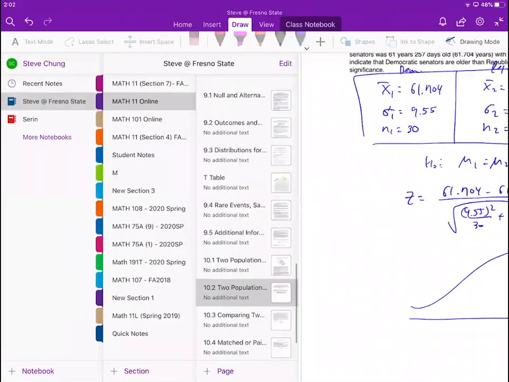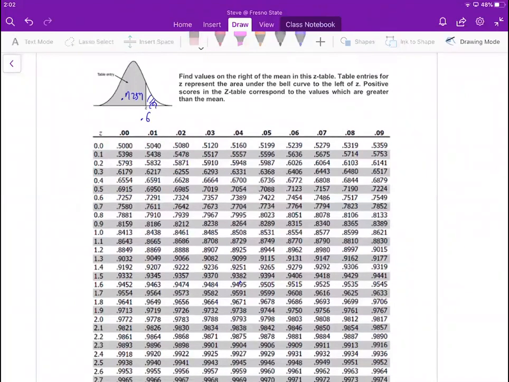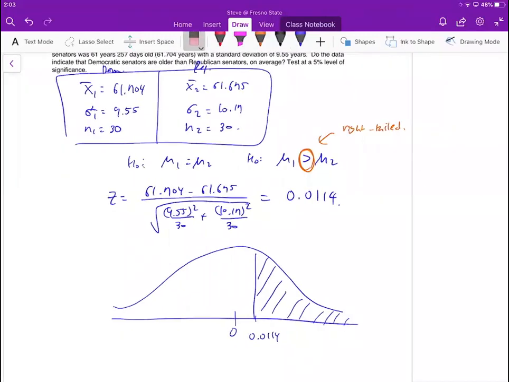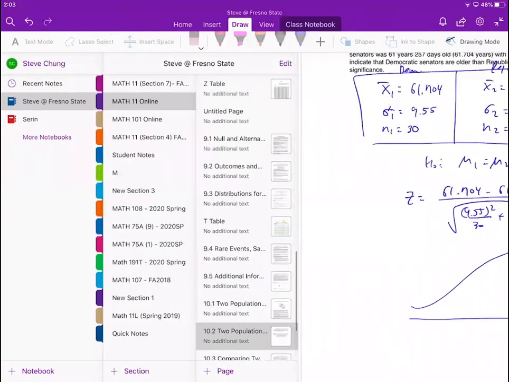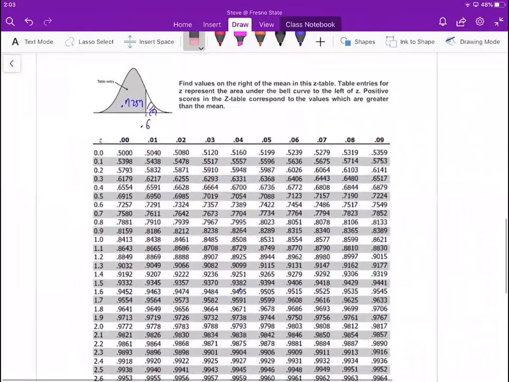Okay, so the Z table here: this was 0.01. Let me see, what was the value again? 0.011. The closest one is that.